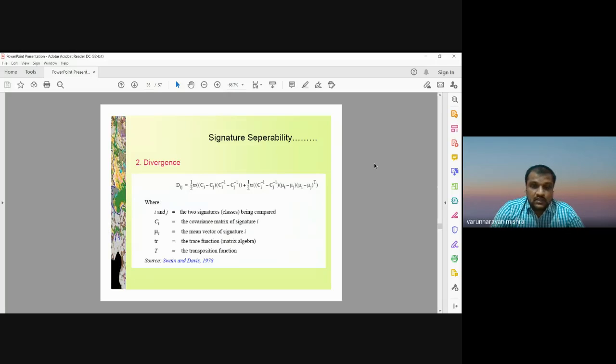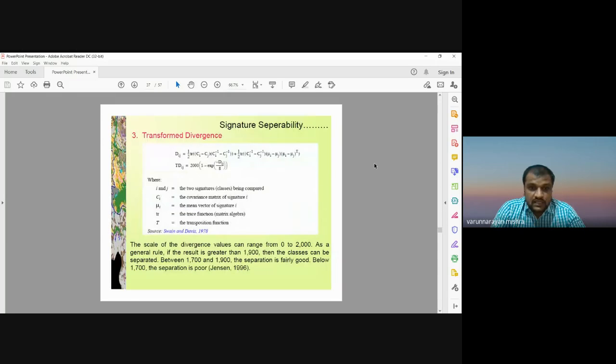So this is the way in which we can calculate the separability of the signatures, or the quality of the training samples, before the classification. Transform divergence is another method for calculating the separability of the signatures. The scale of the divergence values can range from 0 to 2000. As a general rule, if the result is greater than 1900, then the classes can be separated, and between 1700 and 1900, the separation is fairly good.